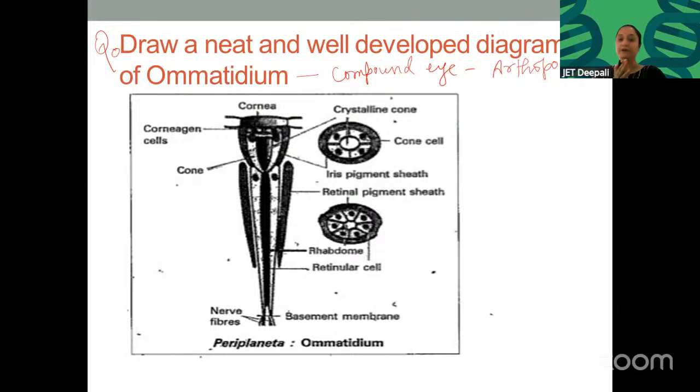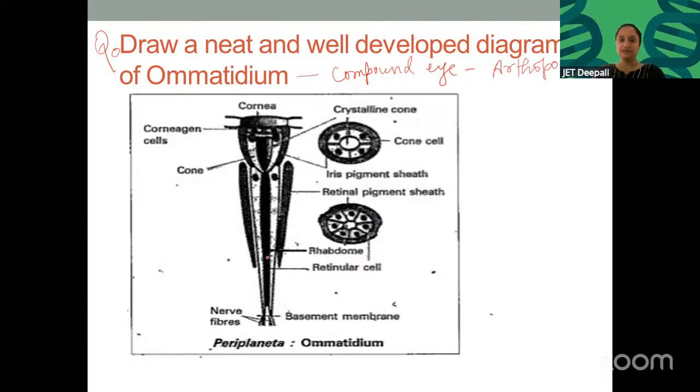These are called ommatidium. Now the question is only asking to draw a neat and well labeled diagram. So this is the diagram of ommatidium. This is the simple cornea. These are corneagen cells. These are cones. Now, enlarge the image of the cone cell. The cone cell looks like this, crystalline cone. This is the iris pigment sheet, and this is your retinular cells.